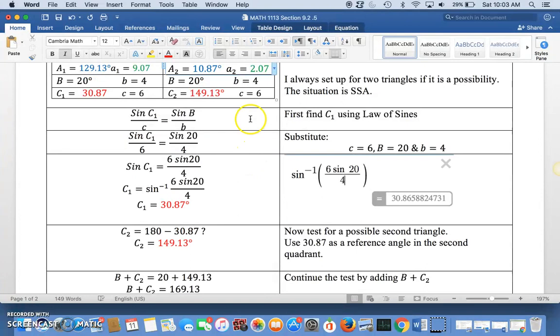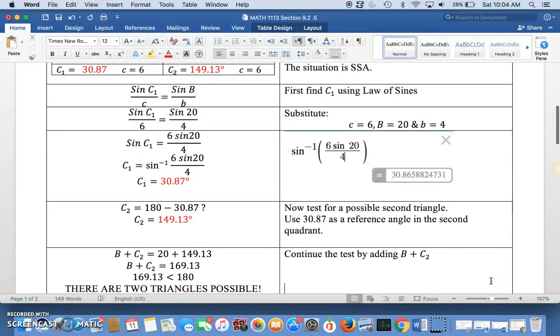Let's see what's left. Anything that's not red and black, we still have to find up here. So we need to find angle A for both of them and side a for both of them. I'll split this at the bottom, where everything for the first triangle is going to be on the left side, and the second triangle on the right side.